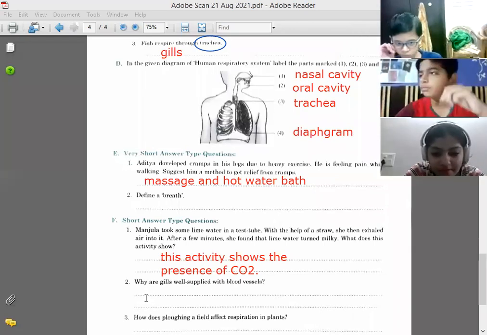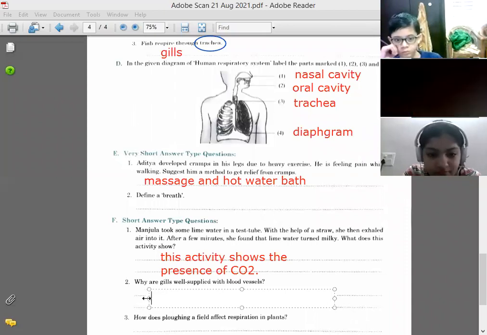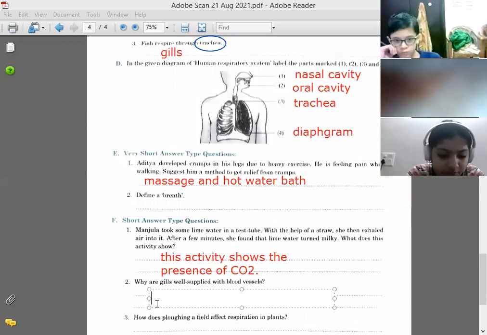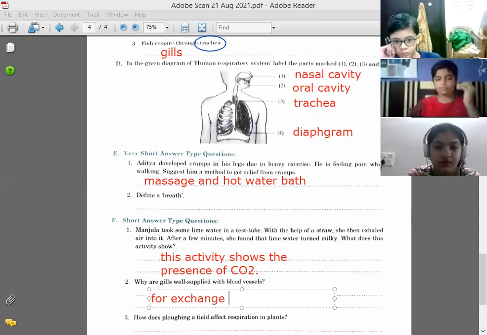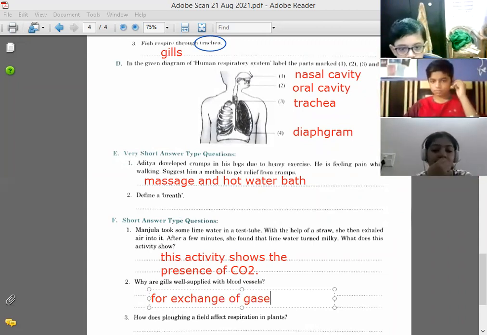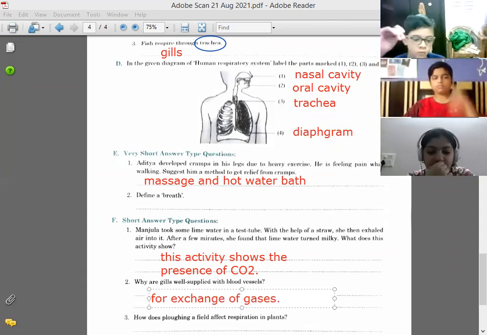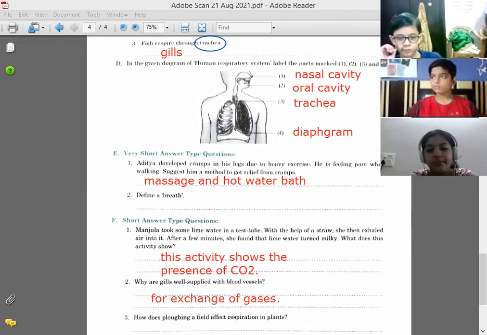So in short, I am writing: for the exchange of gases. You will write the complete answer. For exchange of gases. Okay. Next, how does plowing a field affect respiration in plants?